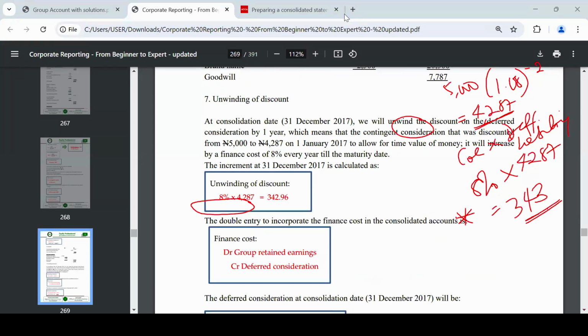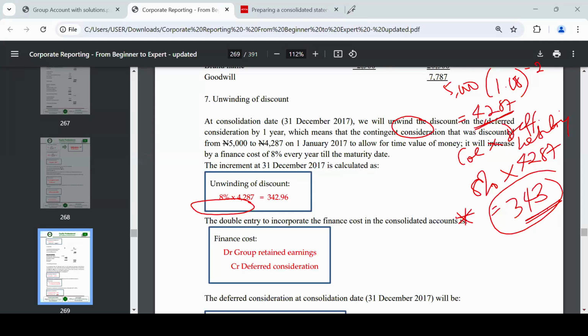Now, don't forget how you're going to treat this. I have a question, please. Go ahead. For the contingent and deferred consideration, is there the same treatment? Yeah, I mentioned that.